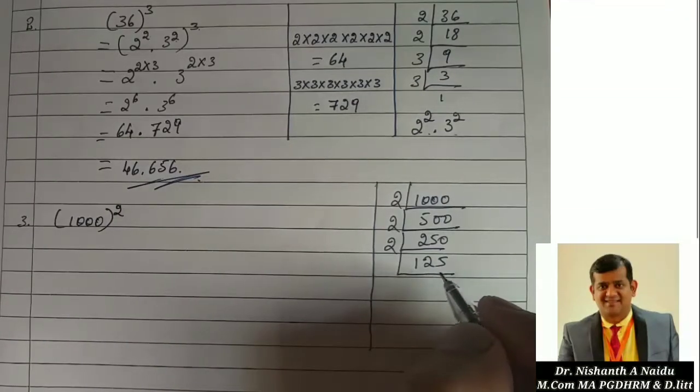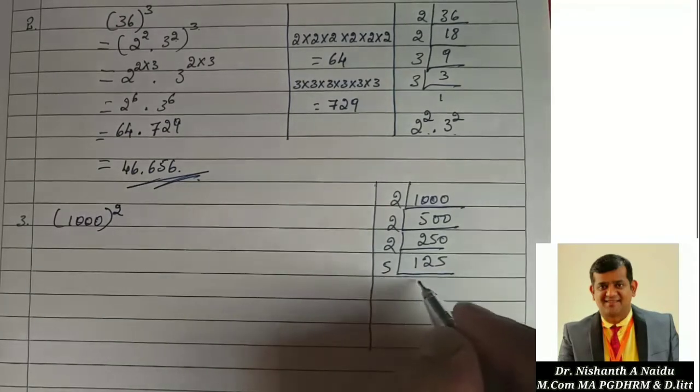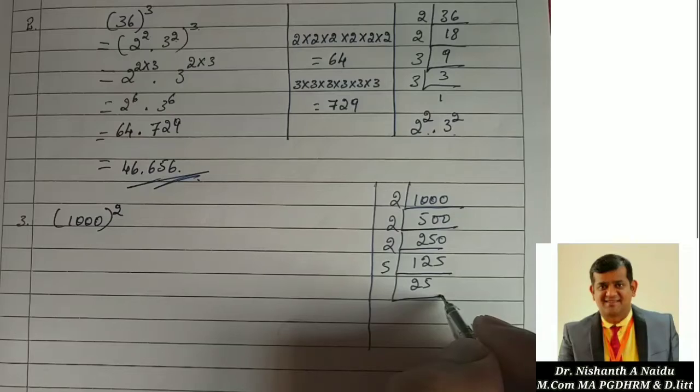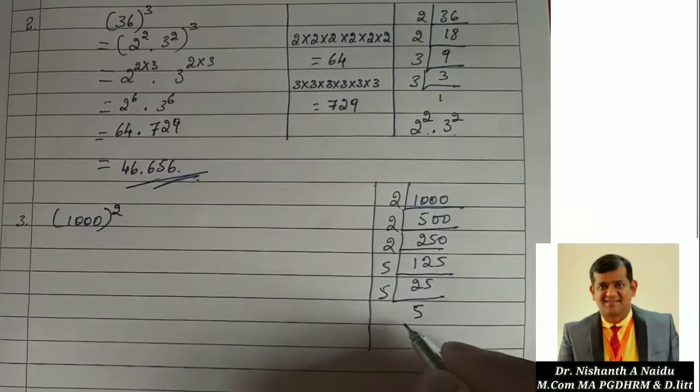So now this 125 cannot be multiplied by 2. So 125 always goes with which table? 5, correct? Yes, 5. How many times? 5 25s are 125, correct. So next 5 5s are 25.